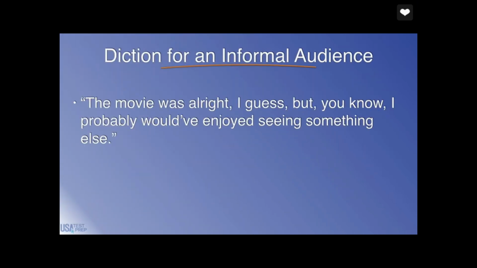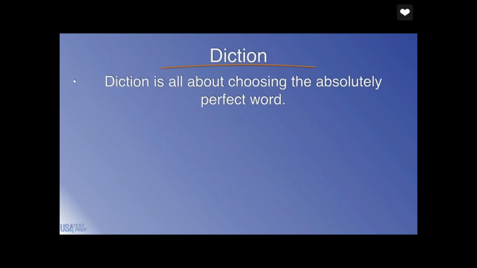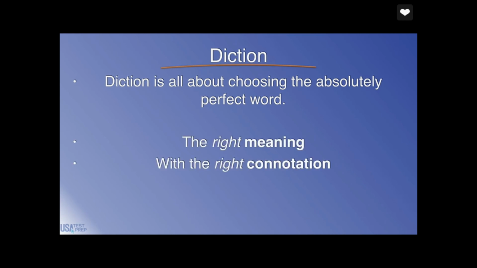For example, this is the type of sentence you might say to your friends. "The movie was all right, I guess, but I probably would have enjoyed seeing something else." We see slang words like all right and casual language like I guess. Diction is all about choosing the absolutely perfect word. The word with the right meaning, with the right connotation, and for the right audience.